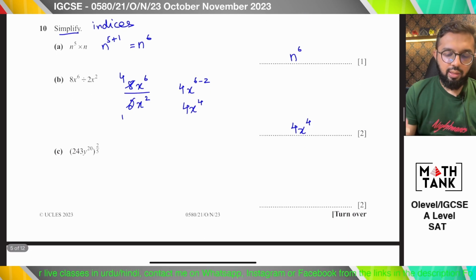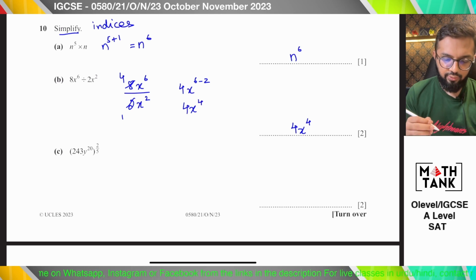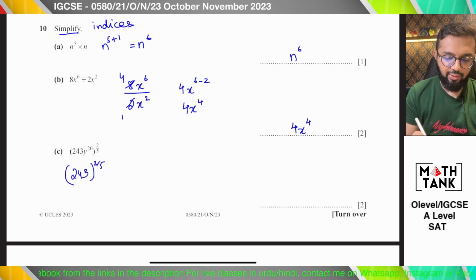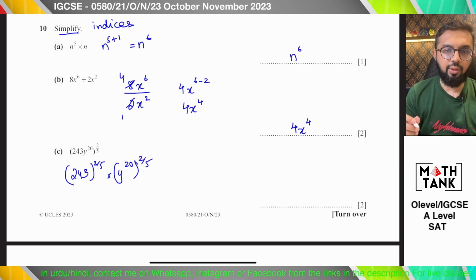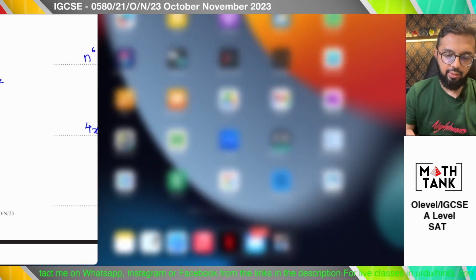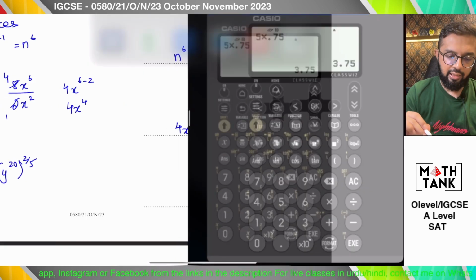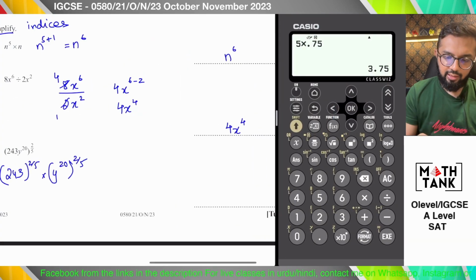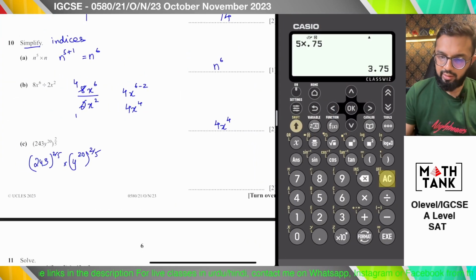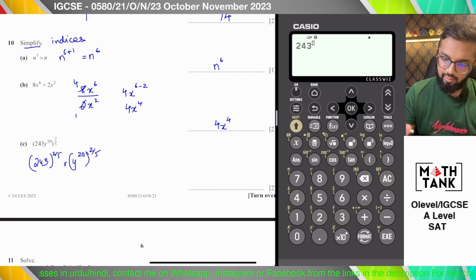Then there are various ways to do this question. Honestly, I would encourage you to do 243 power 2 over 5 separately on the calculator, and y power 20 times power 2 over 5 separately. Now I can open up my calculator and do this directly, 243 power 2 over 5.